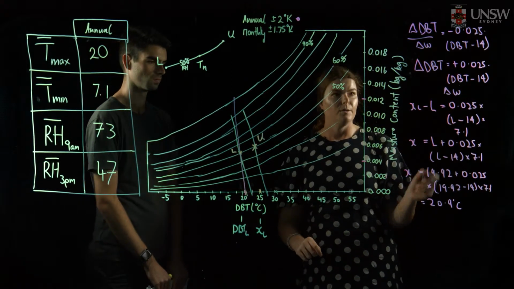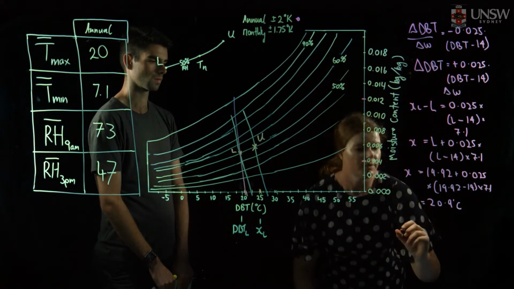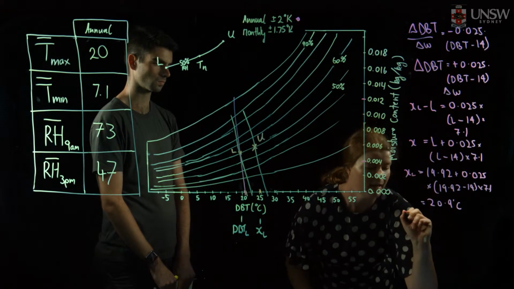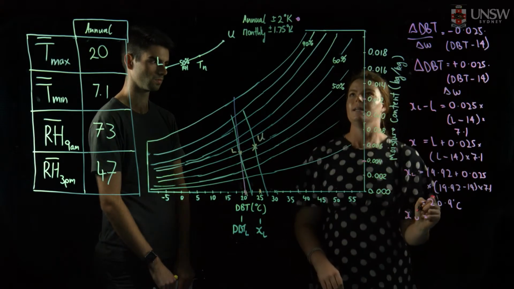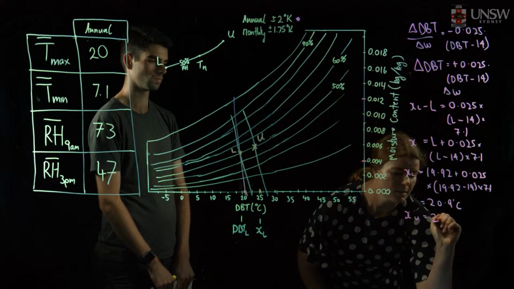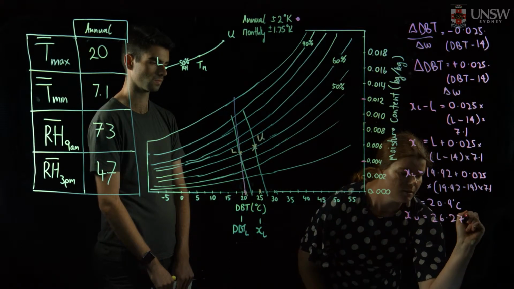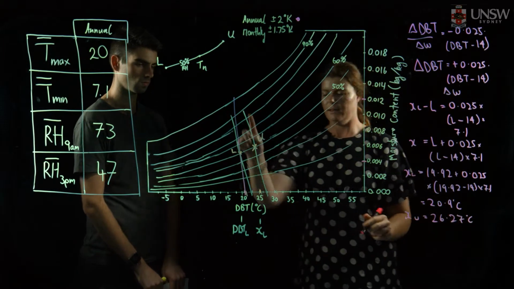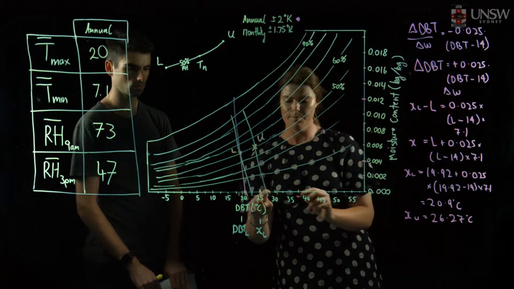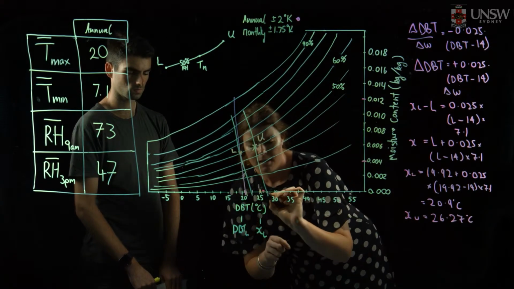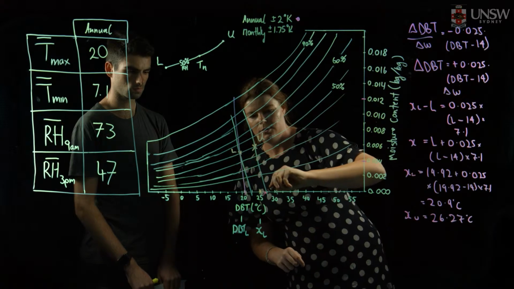So if you put it through the calculation, you'll get that your XU value is equal to 26.27 degrees Celsius.